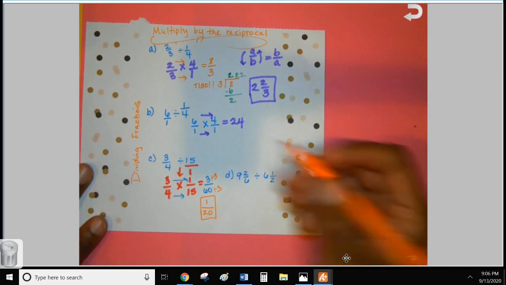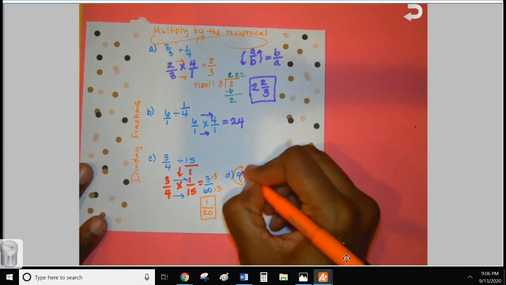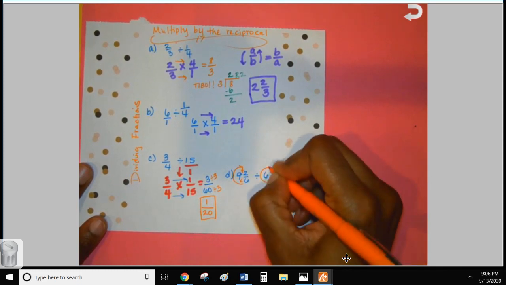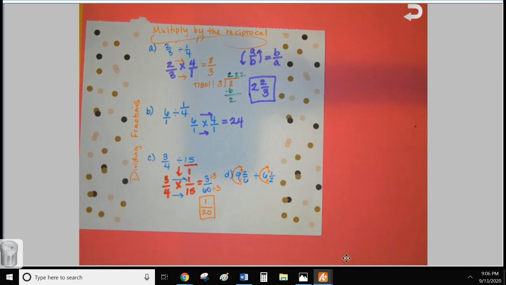So if you remember, you go in a clockwise direction. I'm going to write out the steps as much as I can for you guys so you can follow along with me.